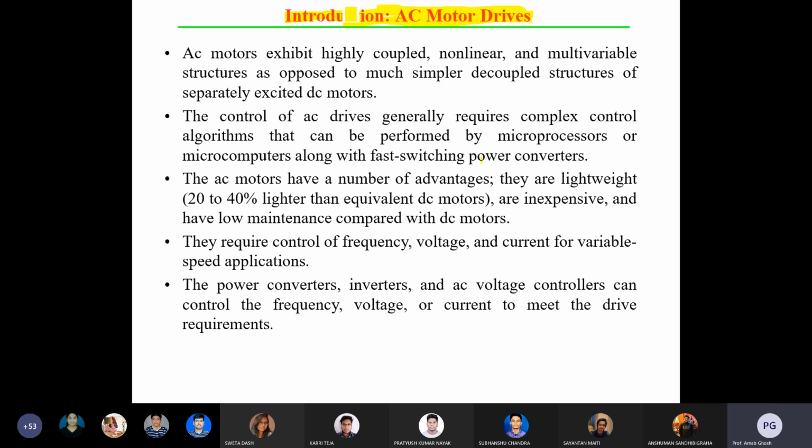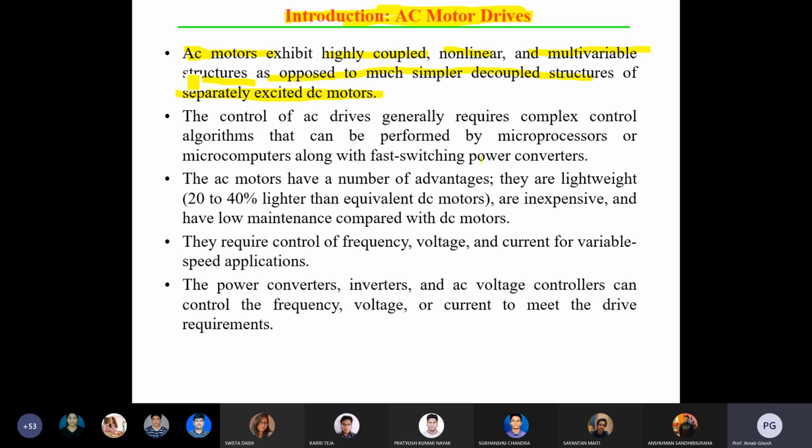AC motors exhibit highly coupled, non-linear and multivariable structures, as opposed to the much simpler decoupled structures of the separately excited DC motor. That is what I am talking about with the dq transformation, direct axis and quadrature axis transformation.